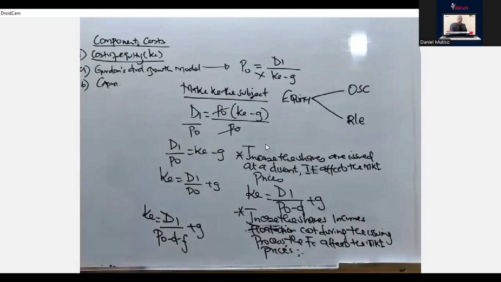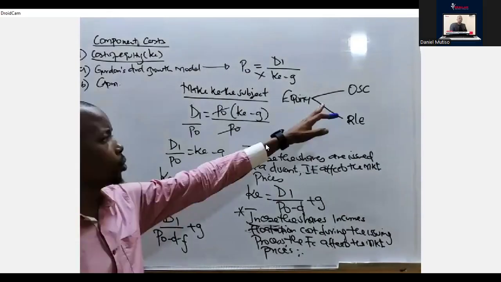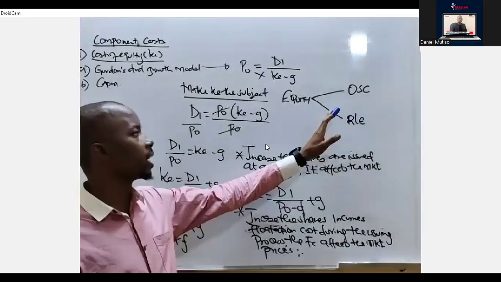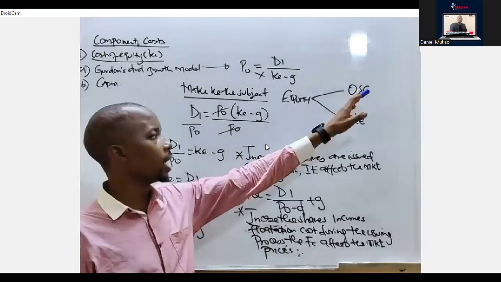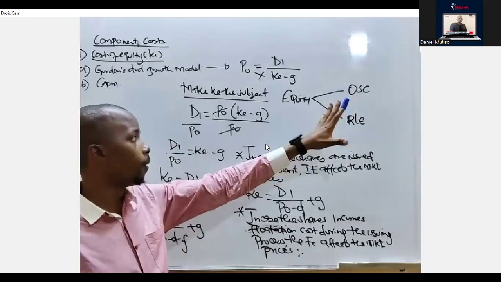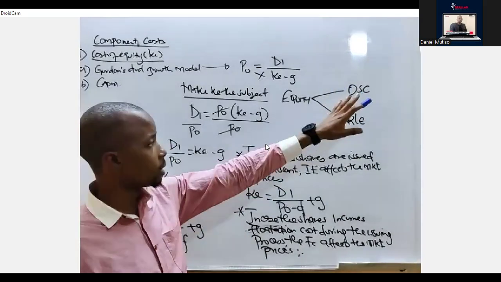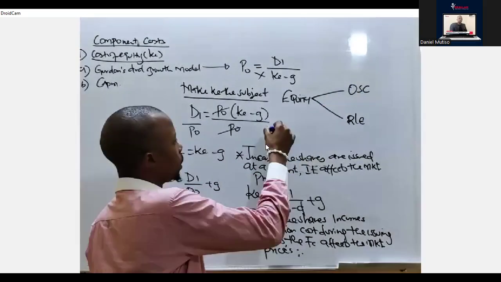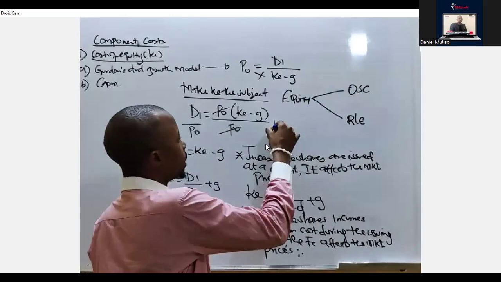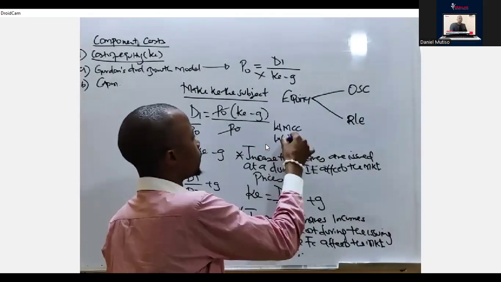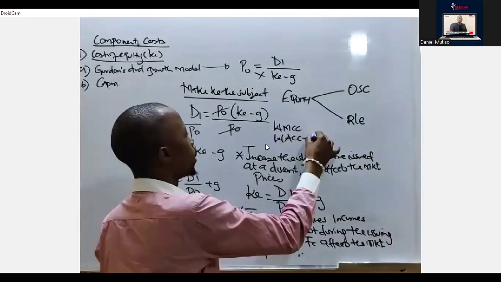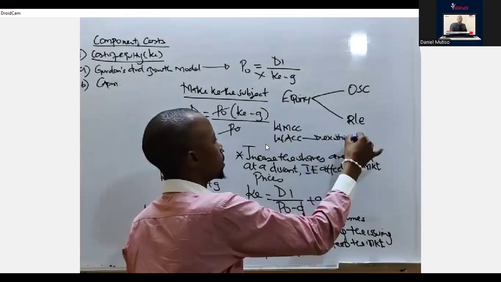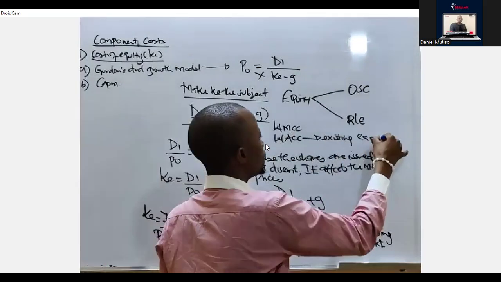So the equity comprises of the ordinary share capital and the retained earnings, right? And when you are doing the issue regarding the WMCC, because we are going to be giving out the difference between the weighted marginal cost of capital and the weighted average cost of capital, right? This one we normally look at the existing capital structure of the organization.